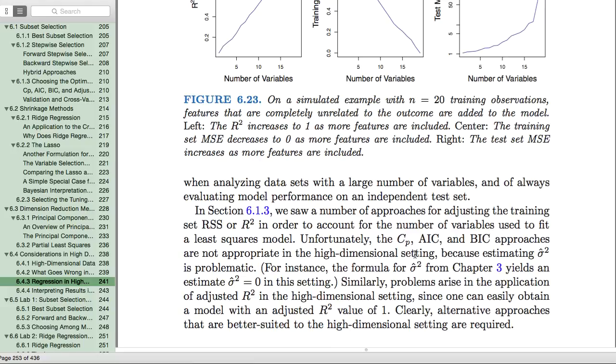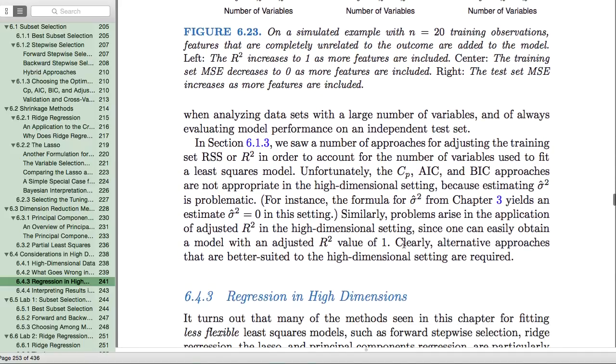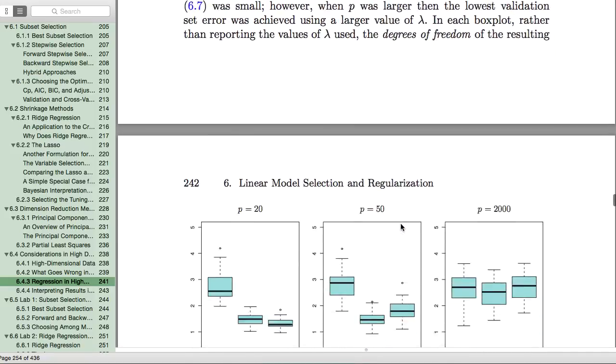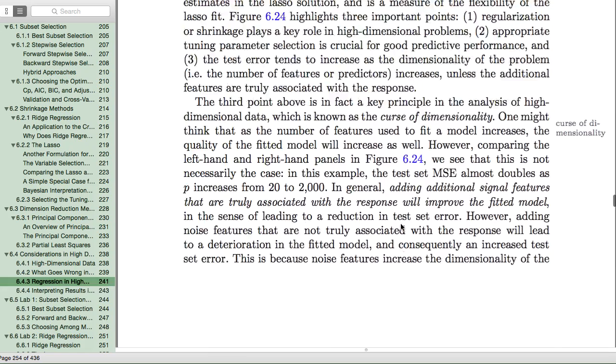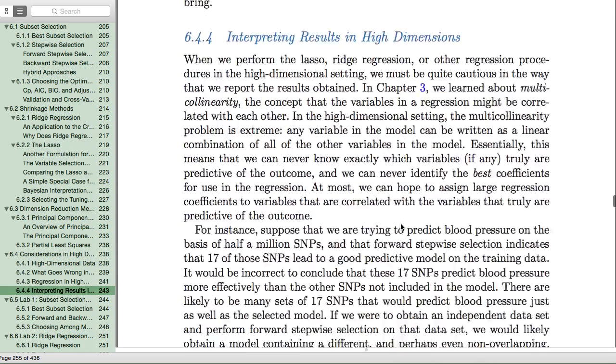And in fact, there's a suggestion here, which I think is really excellent. And this is also a problem: you can't estimate the variance in high dimensions. So the advice that they give here is really excellent, under interpreting results.